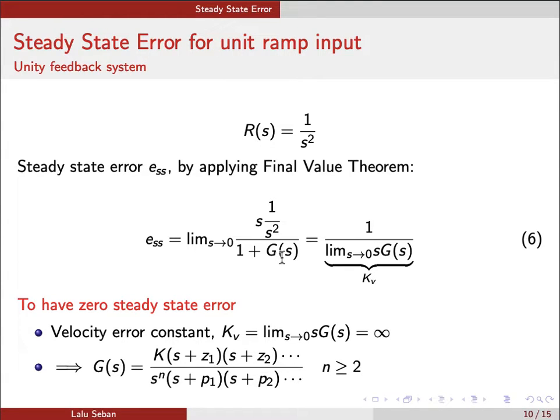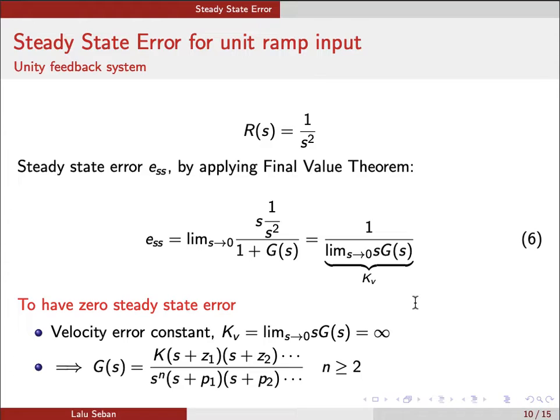So it will be 1 by s, that means 1 into s plus s into G of s. Applying the limit, s tends to 0, this part will become equal to 0. Then it will be limit s tends to 0, s into G of s. I hope it is clear. So this limit s tends to 0, s into G of s is called the velocity error constant.